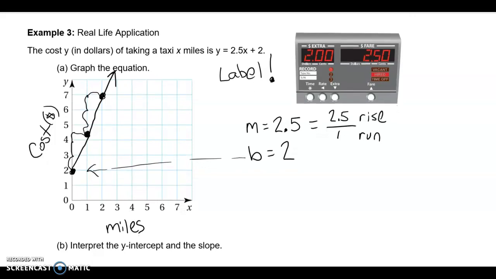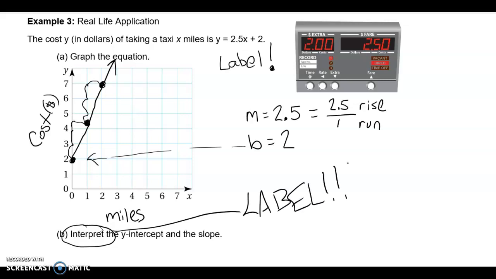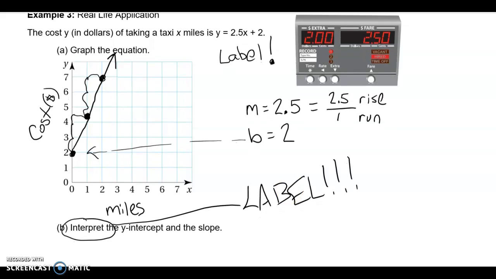And then interpret. This means, and write this gigantic on your paper, interpreting is straight up just labeling. Use your labels. So the y-intercept, the B, is at the point 0, 2.